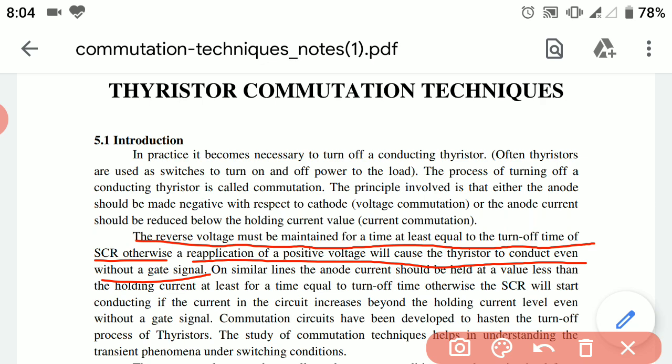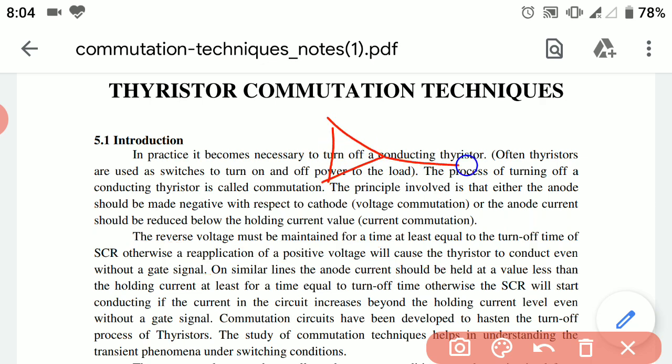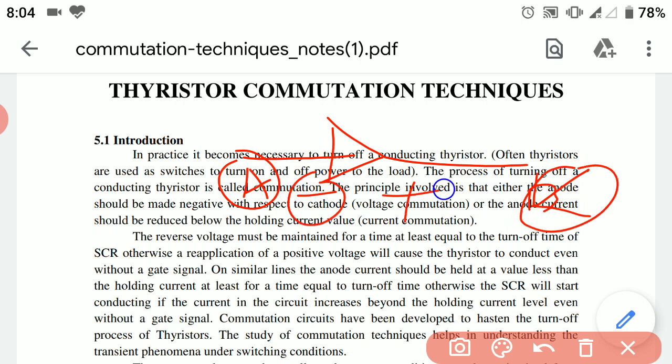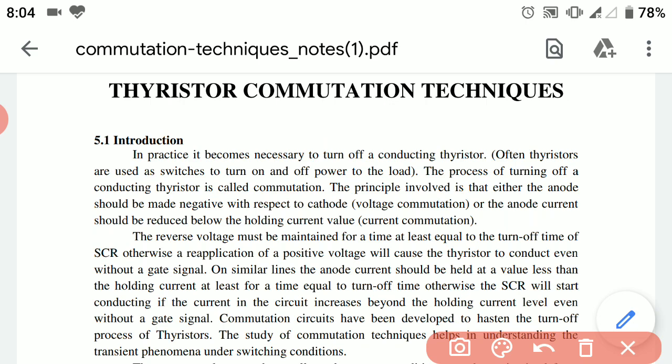That is, if we have applied a reverse bias across this thyristor, this reverse bias should be maintained for a time equal to the turn off time of SCR.